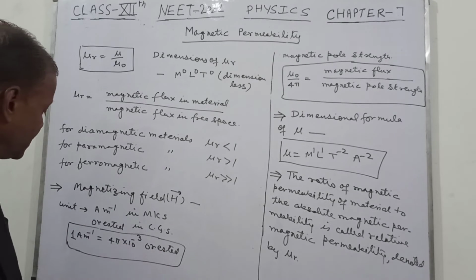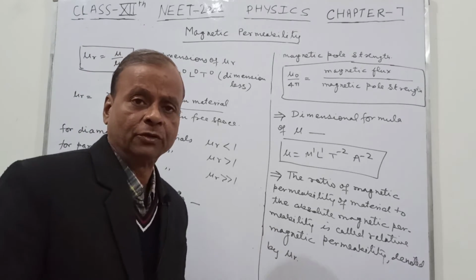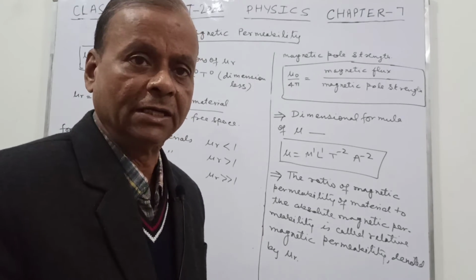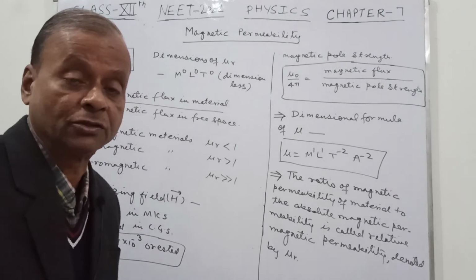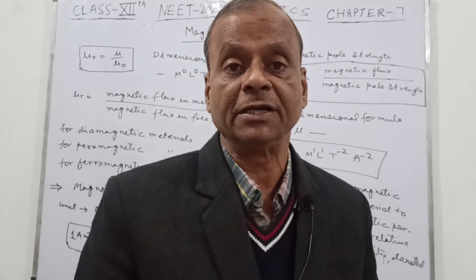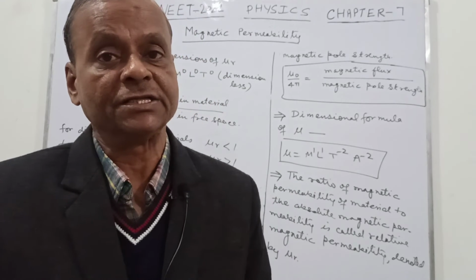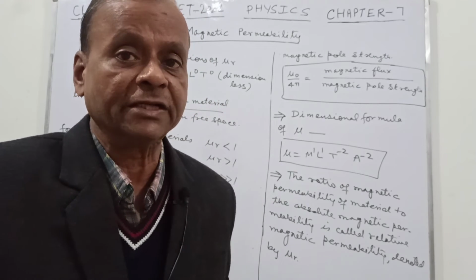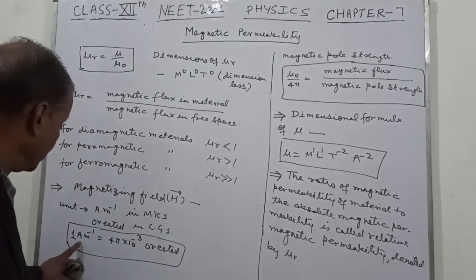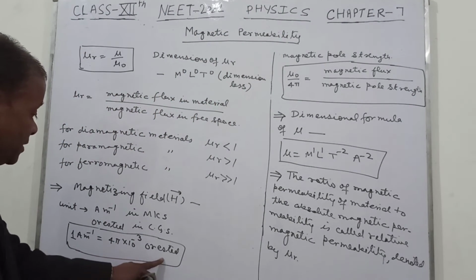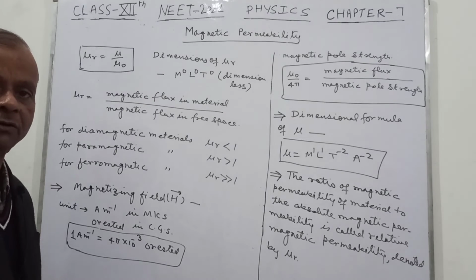This is a very important relation because sometimes the question is given in oersted, and you can convert it into ampere per meter because all the units will be given in MKS. So if something is given in CGS, then you have to convert that into MKS units. So 1 ampere per meter is equal to 4 pi into 10 raised to the power minus 3 oersted.